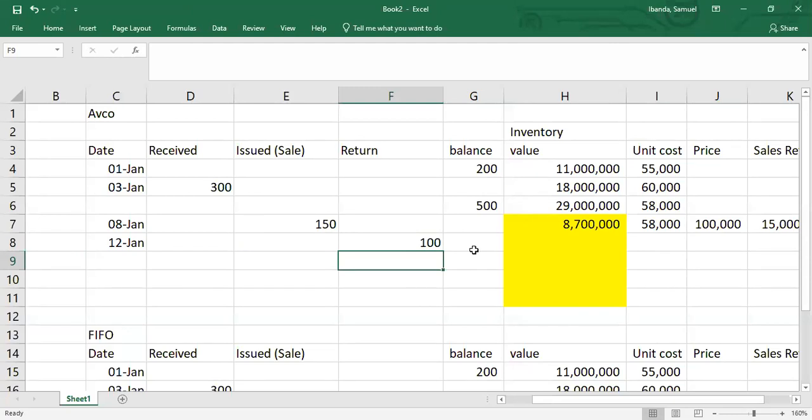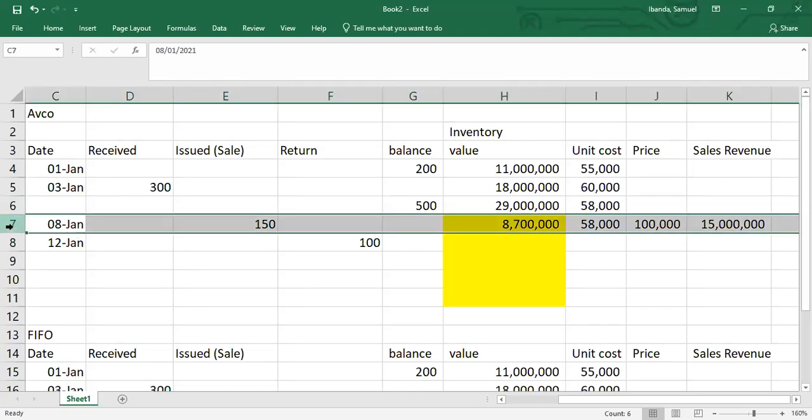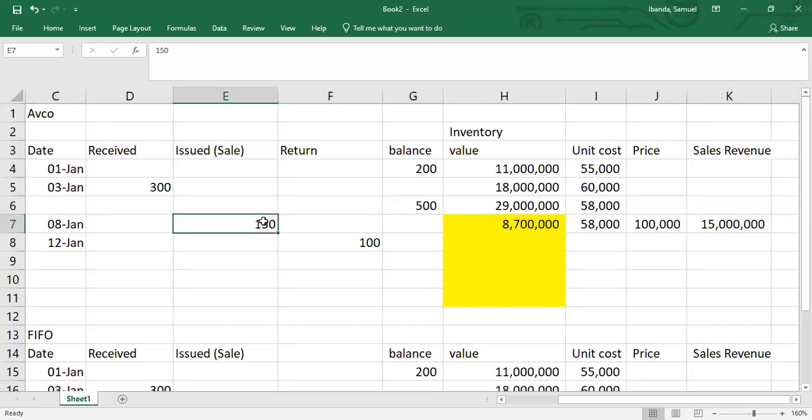Okay, ours is to look at what is their value. Now of course, as we have the returns of let's say 100, of course our balance after, because remember our balance was 500 here. Okay, and then we had, let me just go through this a bit in a consistent way.